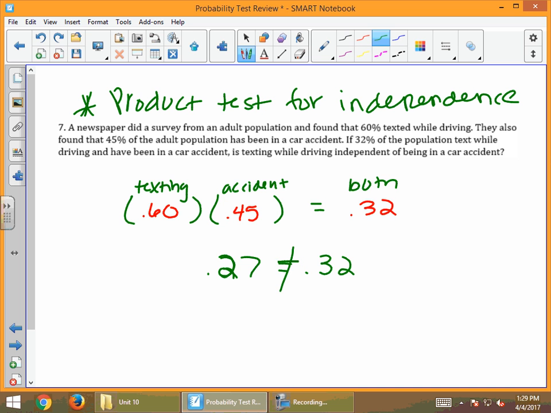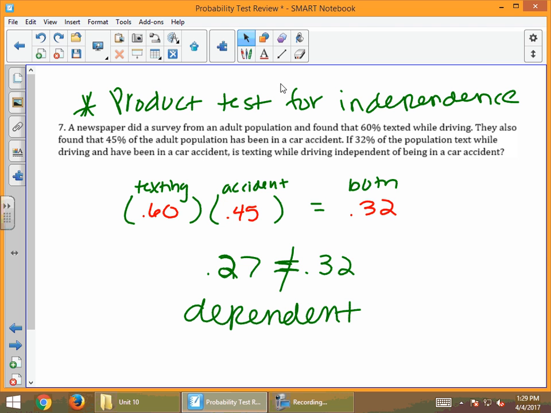They are not equal, so make sure you put your slash in your equal sign. Because they're not equal, does that make them dependent or independent? It's going to be dependent. The probabilities change.